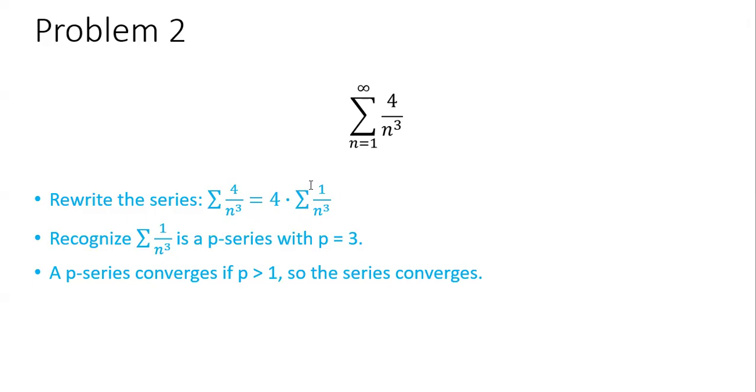I didn't write the limits. This is a p series with p equals 3. We know p series converge when p is greater than 1. The p value here is 3. Therefore, the series converges. As simple as that. Pretty easy. You could, of course, have done a comparison test and stuff like that as well. That's totally fine as well. I think this is the easiest way. You just recognize the p series.